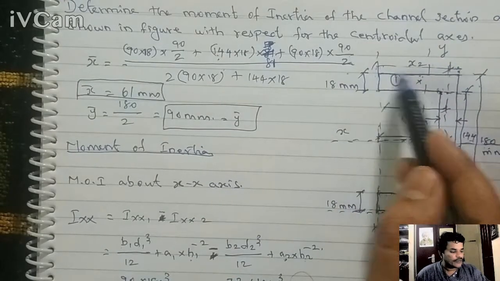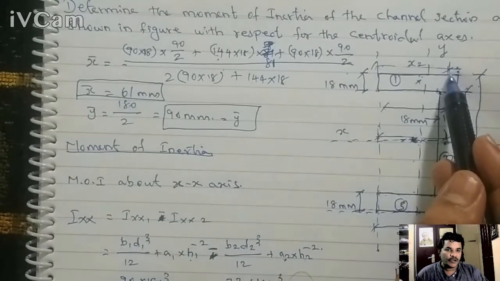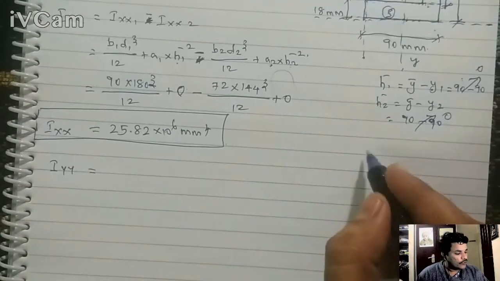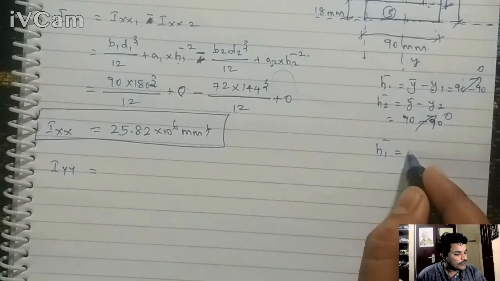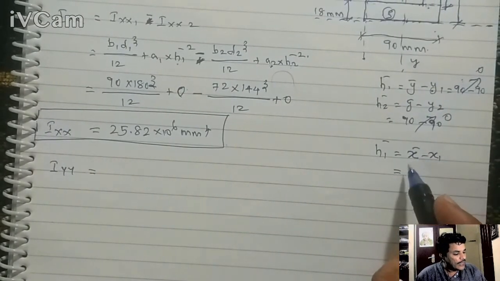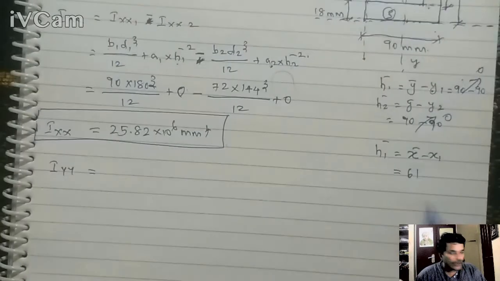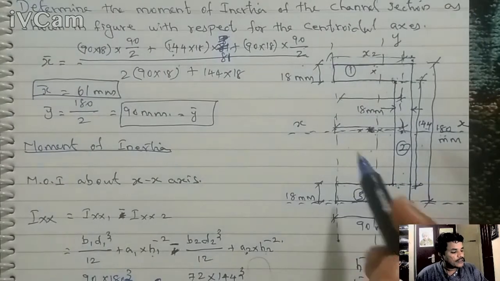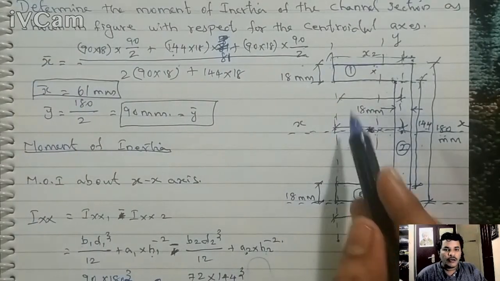The outer box width is 90 mm, so half of the outer box is 45 mm. What is h1 now? You know h1 bar is equal to x bar minus x1. We have already calculated x bar as 61 mm, minus x1, the centroid of the outer box.